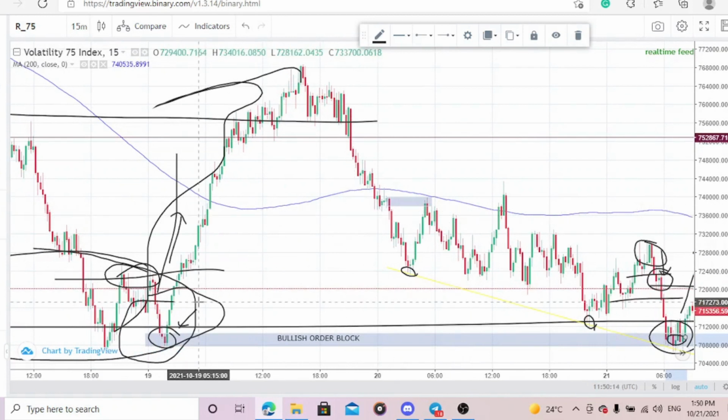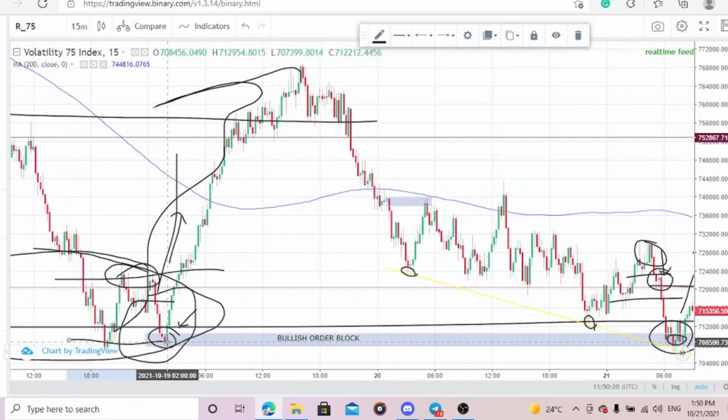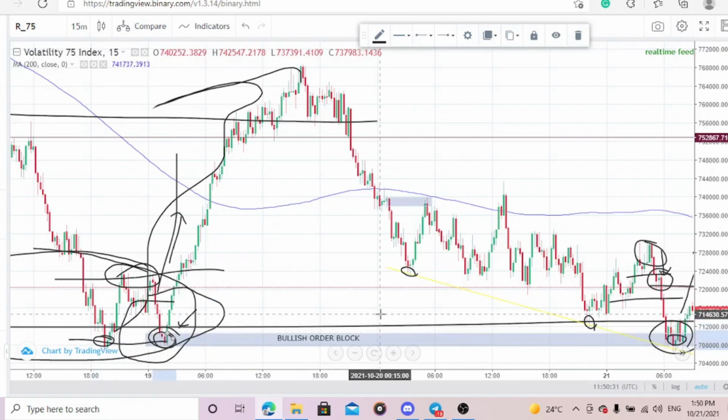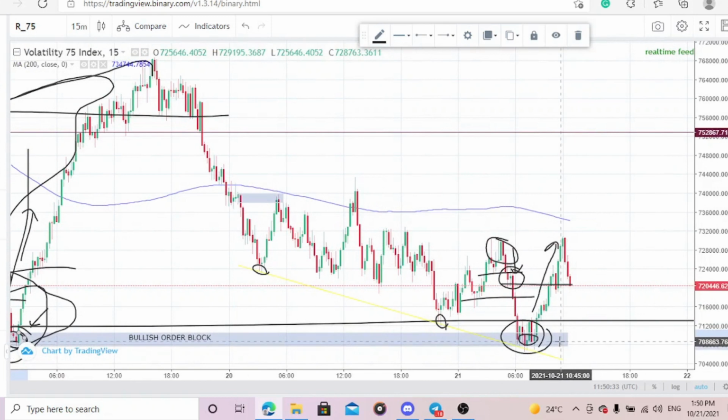The other thing is that this whole area right from this side is a strong support area. It was tested right here, 1, tested again here at this order block, 2, and this was the third time this area was being tested.